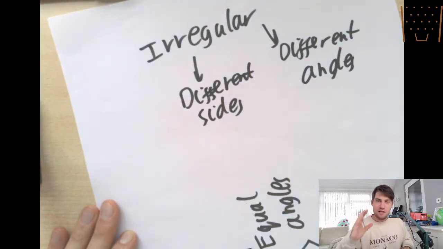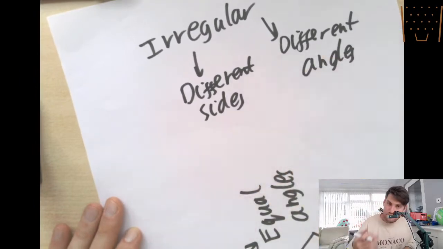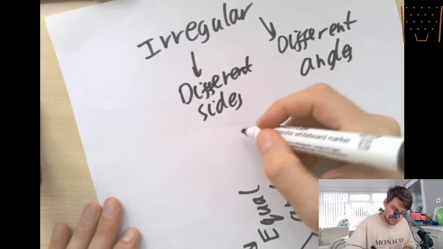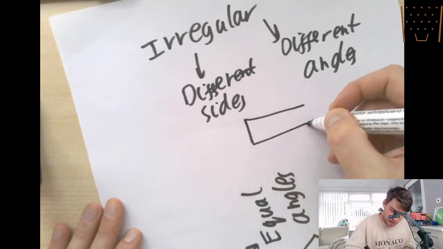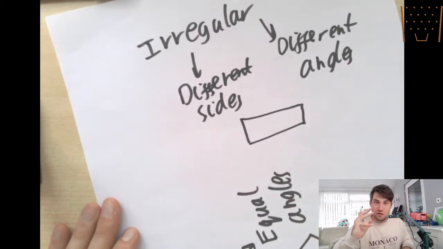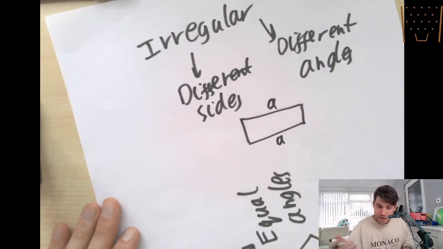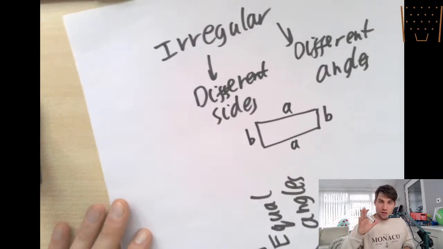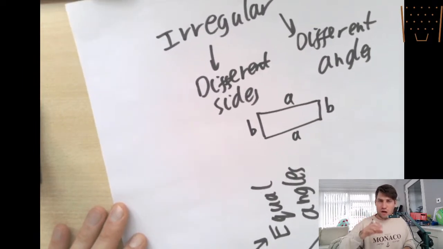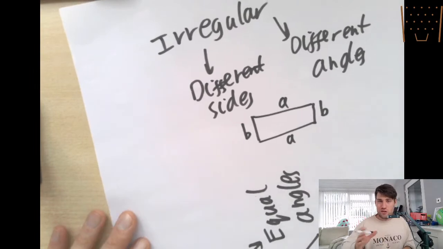Yeah, different sides, different angles. So for example, an irregular shape would be a rectangle. Yeah, a rectangle is irregular because these sides on both ends are the same and these sides are the same. They need to all be the same. Yeah, so to clarify this point more, I'm going to draw some shapes so you can see the difference between regular and irregular.